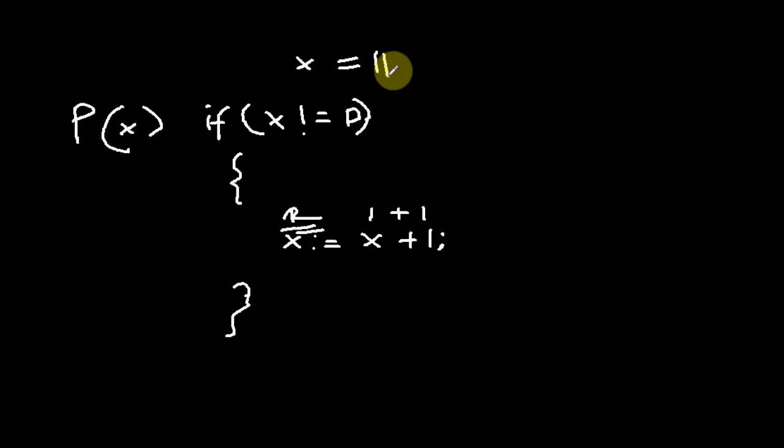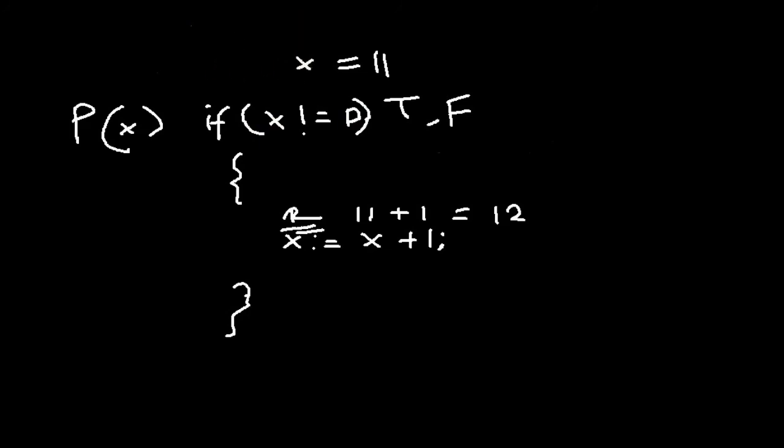If this is 11, then it's going to be 11 plus 1 equals 12. So far so good. If the statement is true, then you execute the block. If it is false, you don't execute the block, because this is in the form of a predicate. Okay, so that's one use of these kinds of predicates.